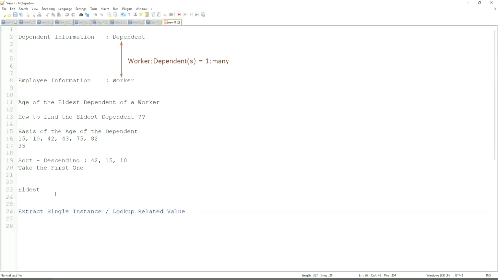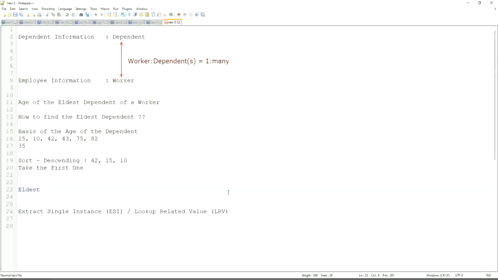This is the most common calculated field function that people will ask you in your interviews. ESILRV. Extract single instance is called ESI. Lookup related value is LRV.